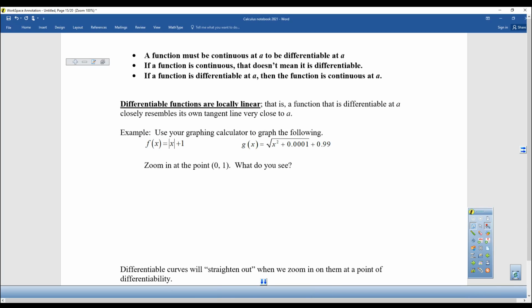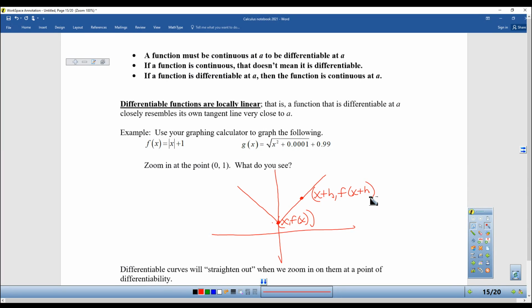The reason your calculator can't properly do the absolute value is because when your calculator does a derivative, instead of using this point, x comma f of x, and then its second point, x plus h, comma f of x plus h, your calculator instead uses the point x minus h, comma f of x minus h.